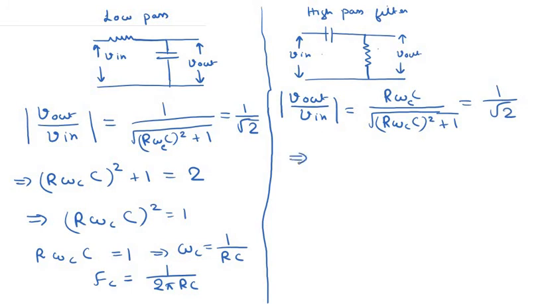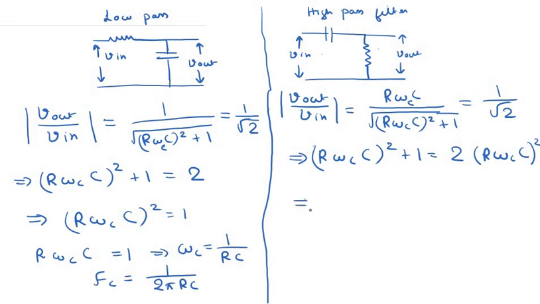Just as before, with some simple algebraic manipulation, (r omega c) square plus 1 is equal to 2 times (r omega c) square.